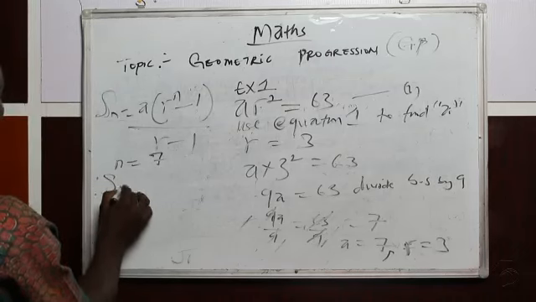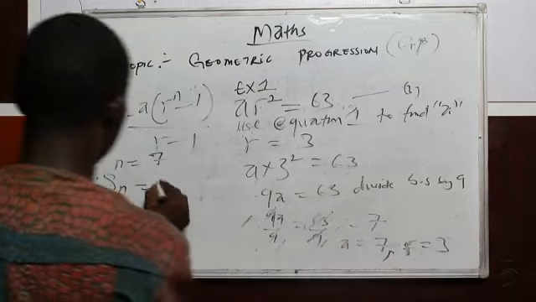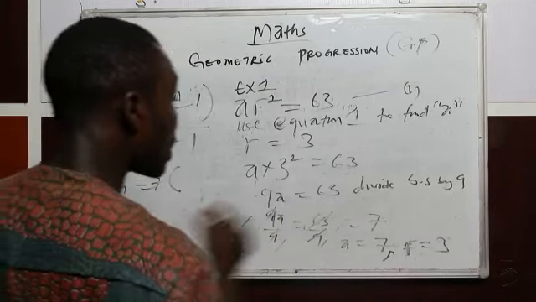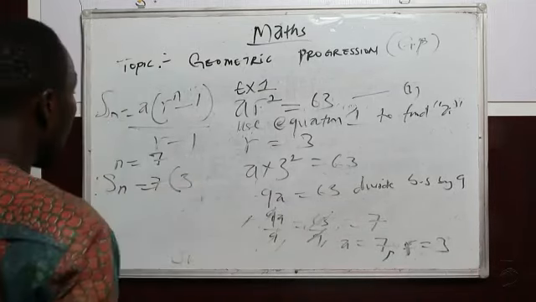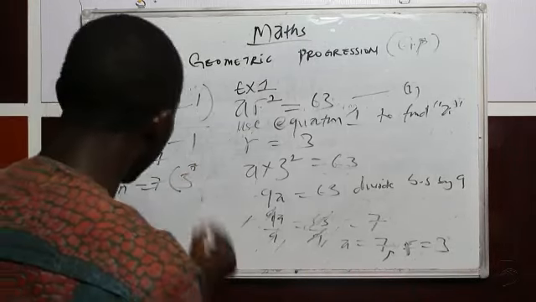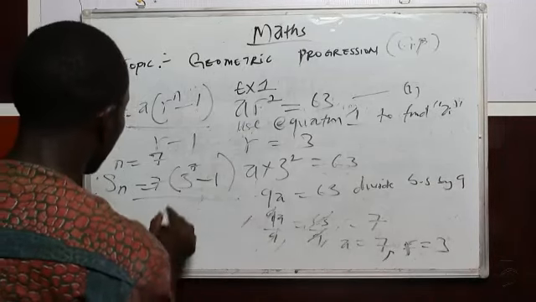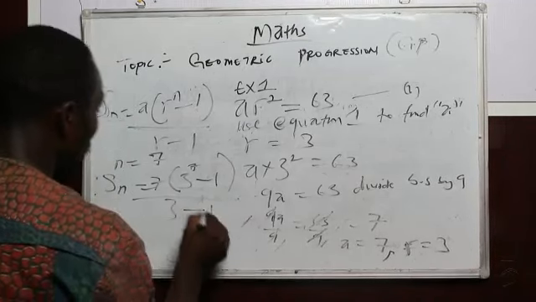Therefore, our sum is equal to a. What is our a in this place? 7. Bracket, what is our r? Our r is 3, raised to power n, which is 7, minus 1, over what is our common ratio, which is 3 minus 1.